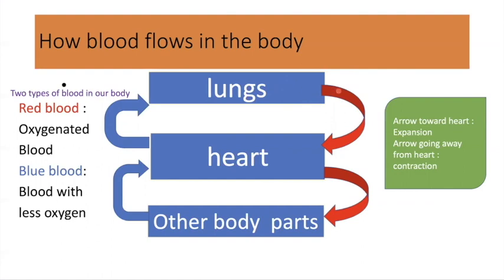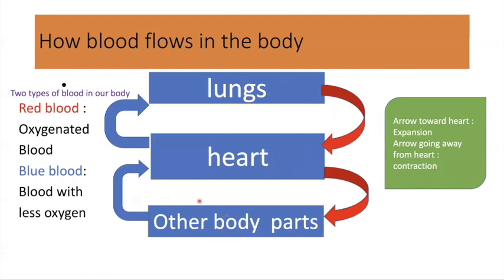That oxygen rich blood is transported to the heart, and that red blood is circulated to all the body parts through the heart. When the heart pumps that oxygenated blood to different parts of the body, these different organs absorb the oxygen and leave that blood with less oxygen.